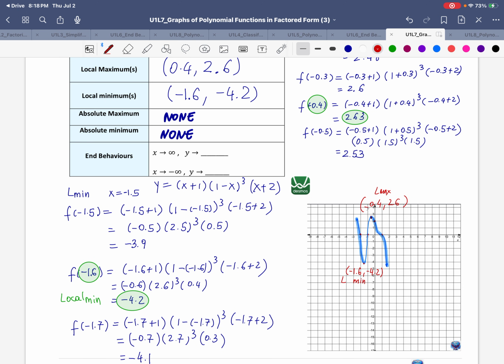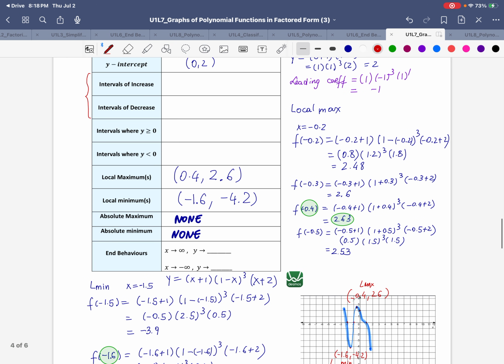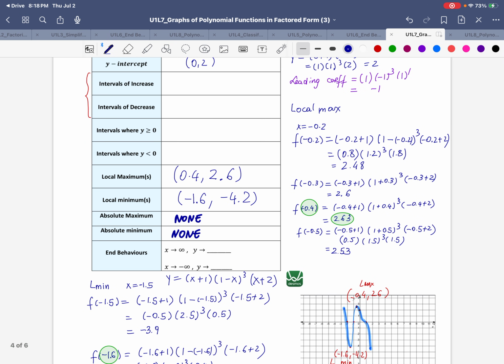And the function will start decreasing from negative infinity to negative 1.6, and it will decrease also in the interval from negative 0.4 all the way to infinity, because notice that the function is decreasing all the way here.